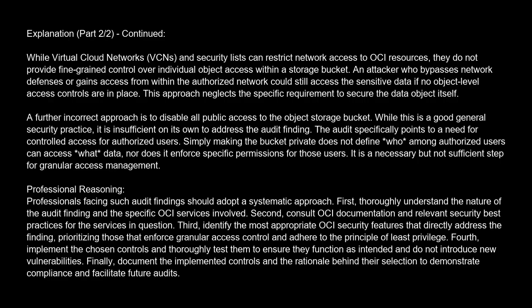Third, identify the most appropriate OCI security features that directly address the finding, prioritizing those that enforce granular access control and adhere to the principle of least privilege. Fourth, implement the chosen controls and thoroughly test them to ensure they function as intended and do not introduce new vulnerabilities. Finally, document the implemented controls and the rationale behind their selection to demonstrate compliance and facilitate future audits.